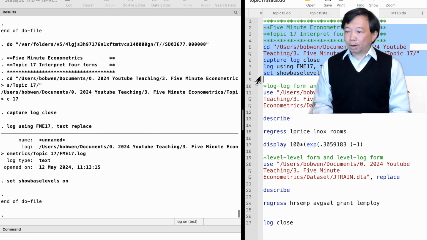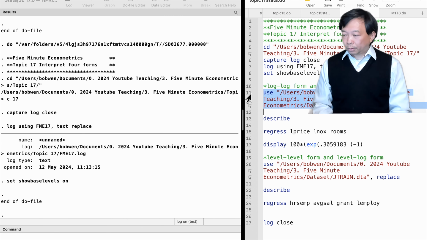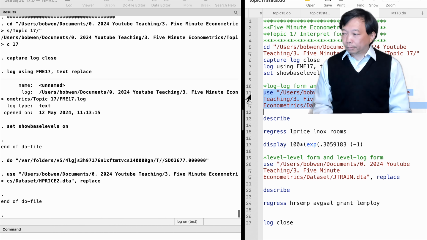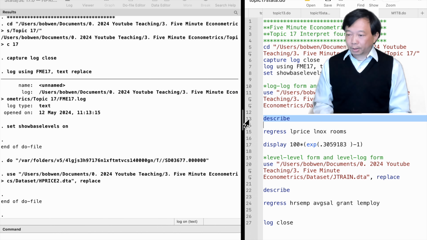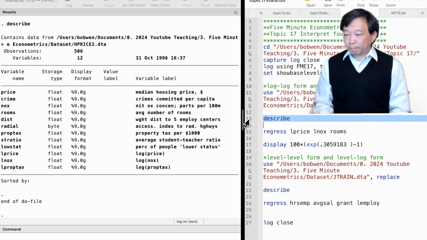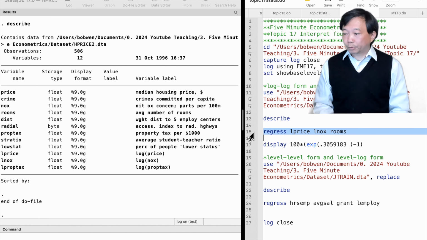Here is an example of the log-log form regression. You can download the dataset from the link below. It is a dataset in the textbook Introductory Econometrics, a Modern Approach by Professor Jeffrey Wooldridge. We regress the log price of the house on the log of the pollution measure and the number of rooms.